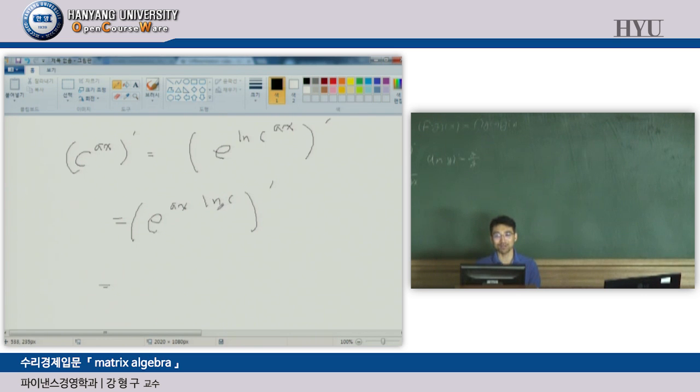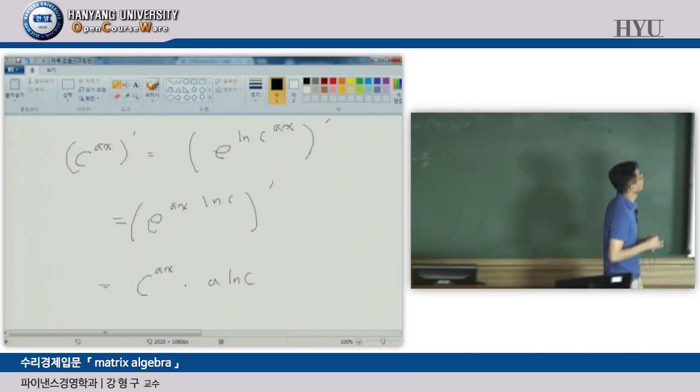Basically, we have the same thing, so we have c^(ax), the same thing, and then we take the derivative of only this part. Take the derivative of x, then a log c. Done, right?